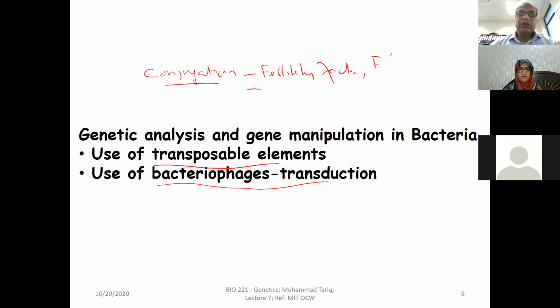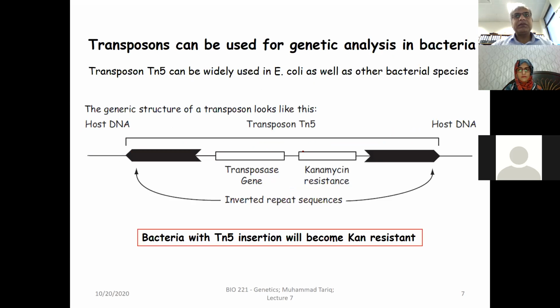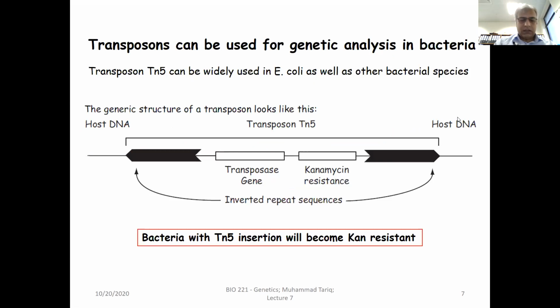Today we are going to look at transduction, and also how we can use transposable elements in genetic analysis in bacteria. If you recall, the different transposable elements in bacteria were like Tn3, Tn5, Tn10.